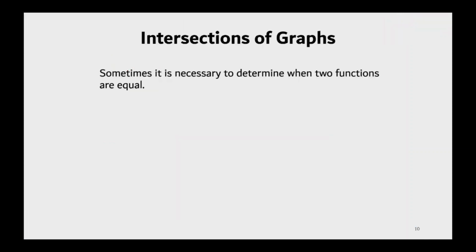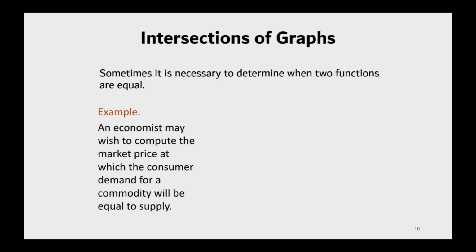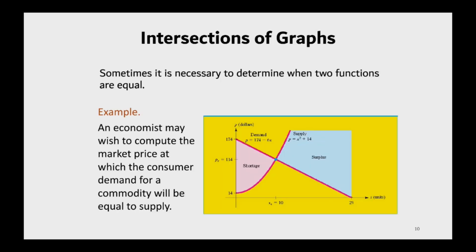All right, so the last one in this subchapter is about intersection of graphs. Why do we need to find the intersection of graphs? Because sometimes we need to determine when two functions are equal. And when two functions are equal, it means they will intersect at a point, because for the same x, they have the same y.